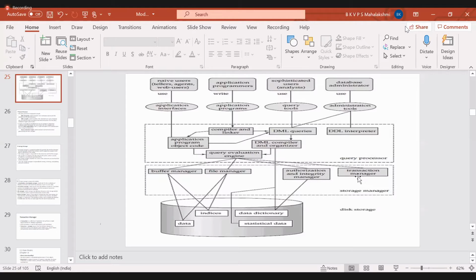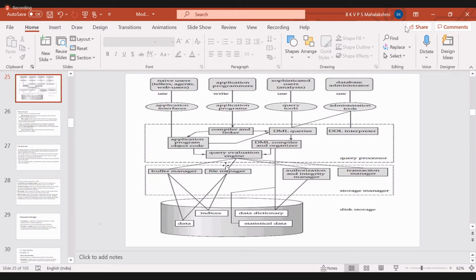The authentication manager is the person responsible to first authorize the users. If the concerned person is authorized, then automatically they'll give data access to them. That is the responsibility of the authorization and integrity manager.